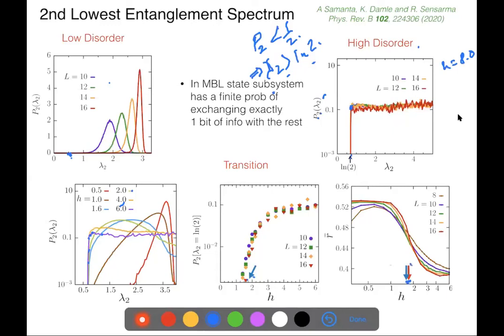So in general, by looking at the distribution of the lowest entanglement spectra, you end up getting a sense of 2 things. One is that they will look very different in the MBL and ergodic phase. And if you use them to track transitions, now I should be careful because you have gone only up to L equal to 16.